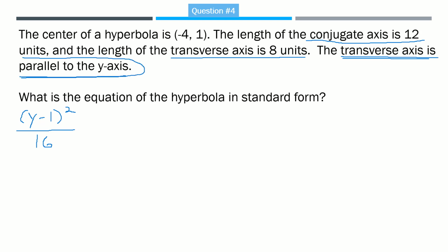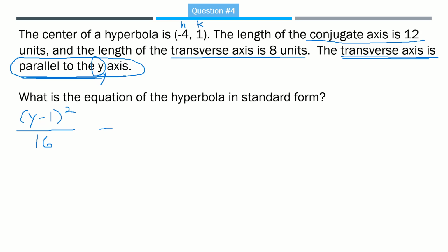That's kind of like the major axis of an ellipse. Similar, not exactly the same. But whatever that transverse axis is, this variable, y, is going to come first, because now we have subtraction in between, not addition. Now the y coordinate, we've got h and k for the center, and k is 1.